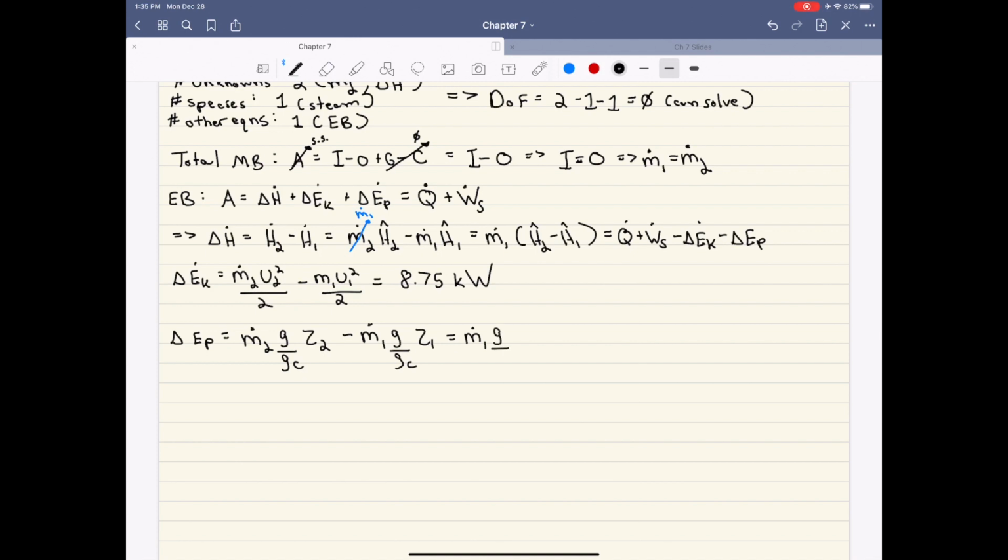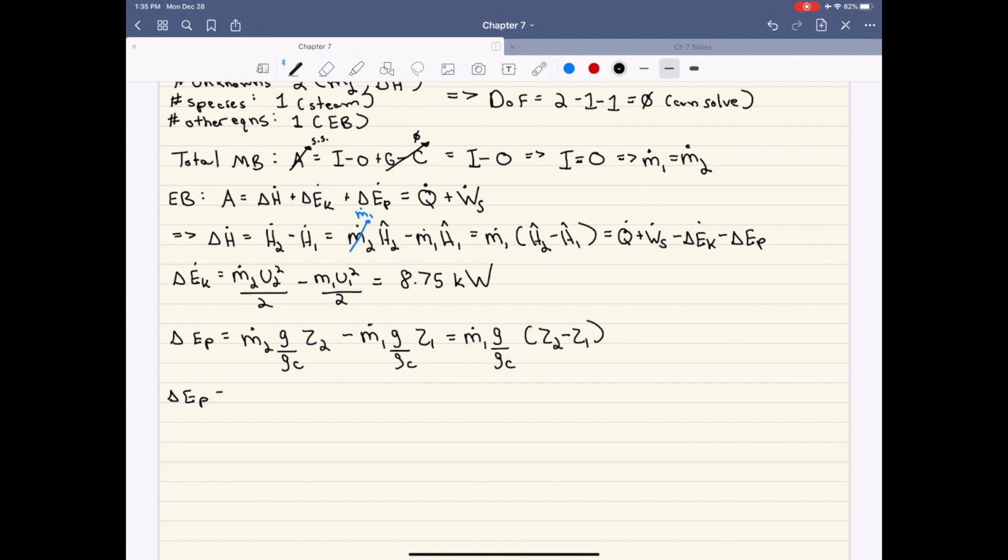We could also factor out the gravitational terms, and what we're left with is Z2 minus Z1, which we do know. All right, and so for this one, I'm going to have to do some unit conversion.